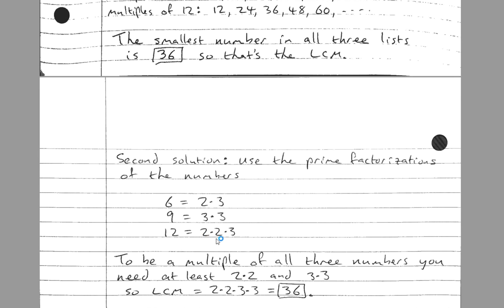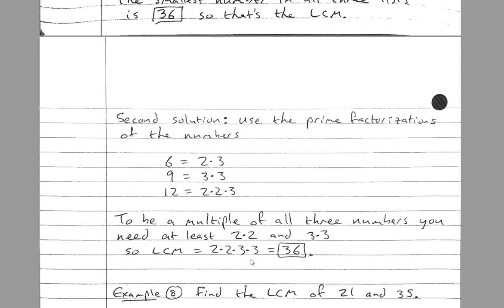If you have 2 twos and 2 threes, then you're going to be a multiple of these three, and that'll be the smallest common multiple. You could have six 2s and 7 threes. That'll be a common multiple, but it won't be the smallest. So the smallest you can get away with is 2 times 2 times 3 times 3.